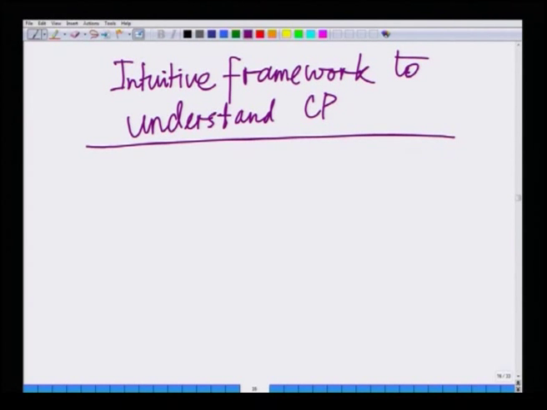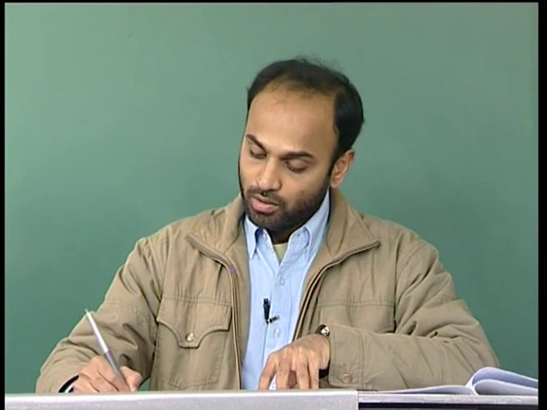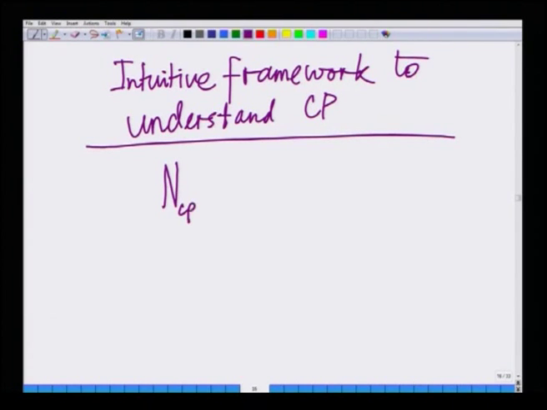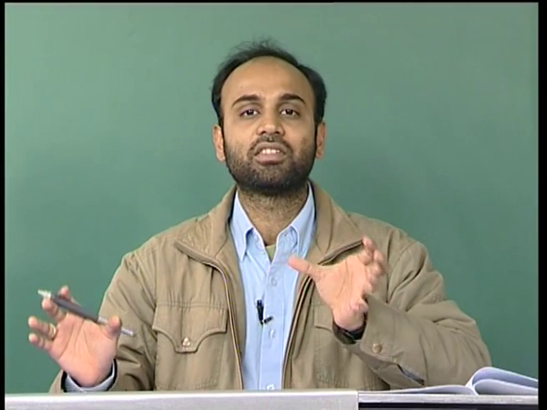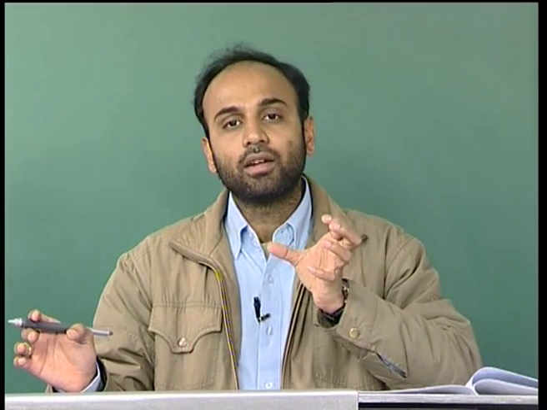We are saying that the number of symbols in the cyclic prefix, NCP, has to be such that the number of symbols times the symbol time has to be greater than or equal to the delay spread. Remember, that is what we are saying. The duration of the cyclic prefix should be greater than the delay spread.